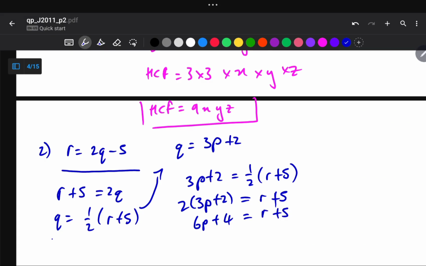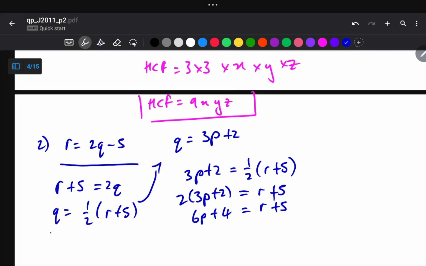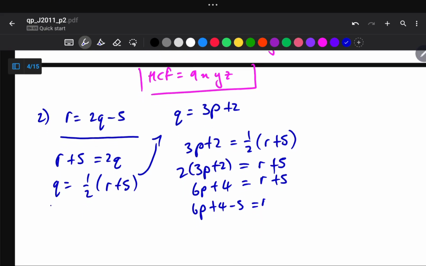So let us shift this 5 to the other side of the equation, because we want to express r in terms of p. This 5 becomes negative, so we are going to have 6p plus 4 minus 5 being equal to r. 4 minus 5 gives us negative 1, therefore r is equal to 6p minus 1. So this is our value for r in terms of p.